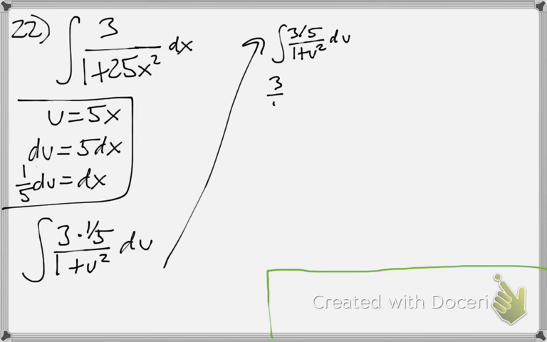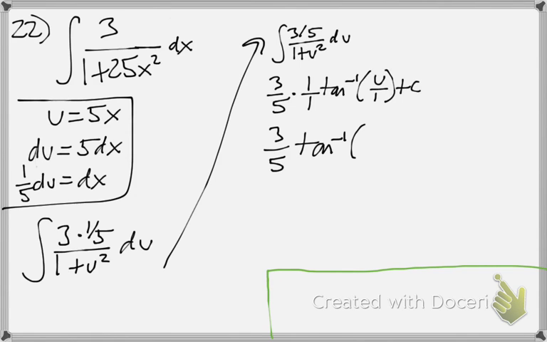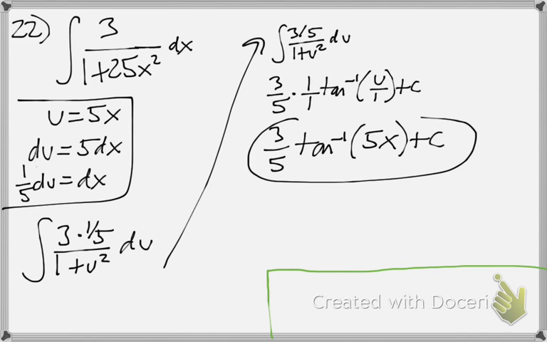So this will be 3/5 times tangent inverse of u, plus C. Again, make sure that you refer back to your tangent inverse formulas. And then I want to substitute back in. So that'll be our final answer.